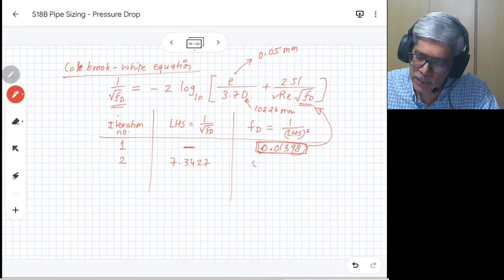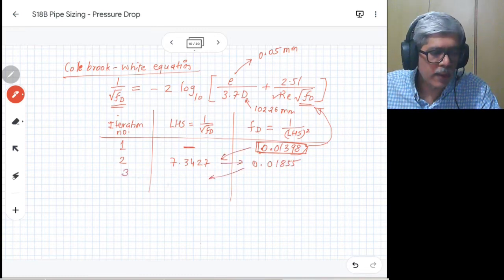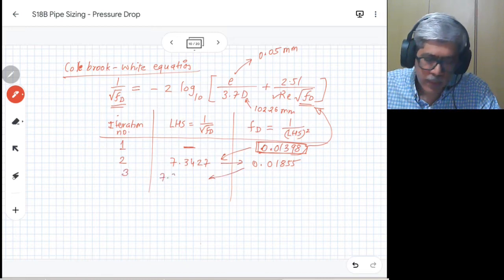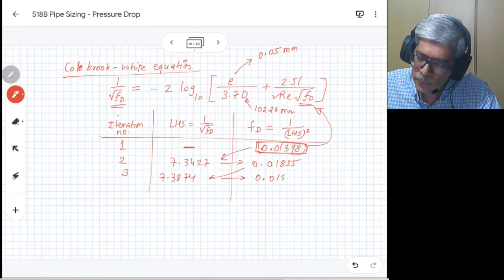So for the next iteration it is 0.01855. So we are going in this manner. So in the third iteration we have 7.3874, which gives us 0.01832, and in the last iteration it is 7.3855, which gives you 0.01833.